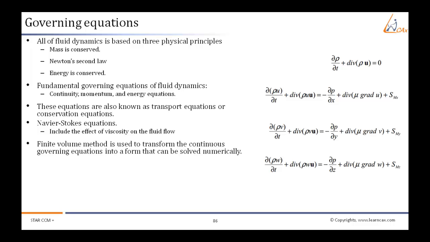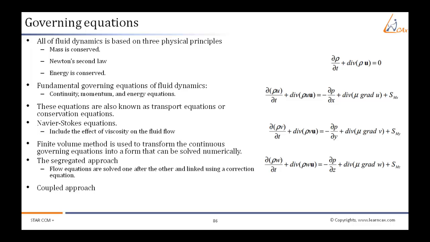Two approaches are taken to solve the governing equations. First is the segregated approach, where the flow equations are solved one after the other and linked using a correction equation. Other is the coupled approach, where the coupled system of equations is solved simultaneously.